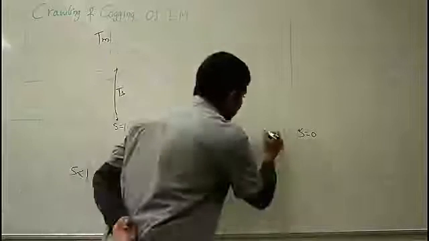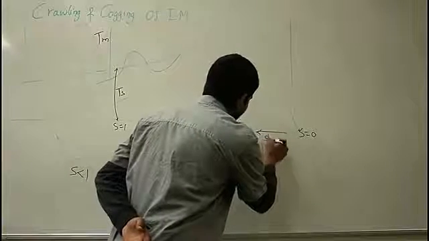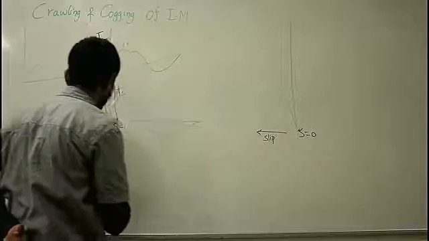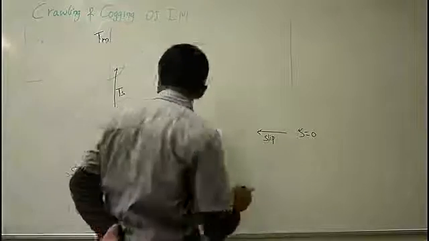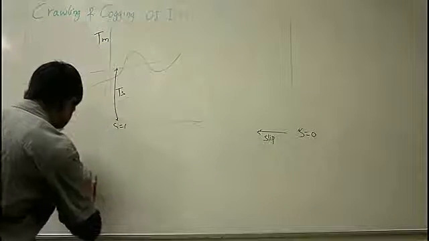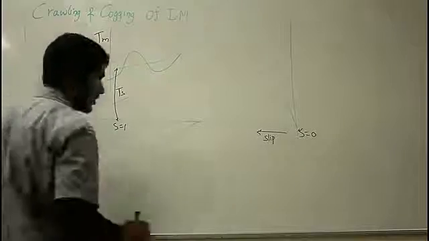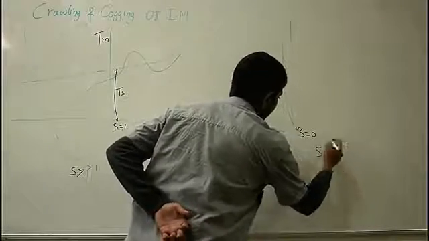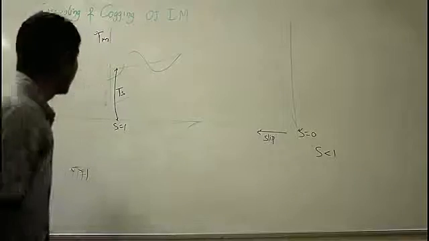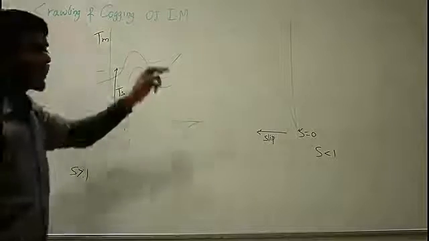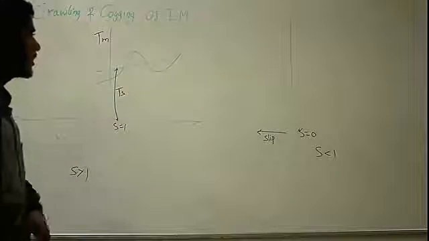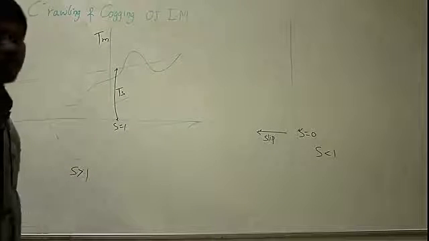Now the slip is increasing in this direction, the slip is greater than 1 in this region, and the slip will be less than 1 in this region. Now these are the two important characteristics shown by the squirrel cage type of induction motor.